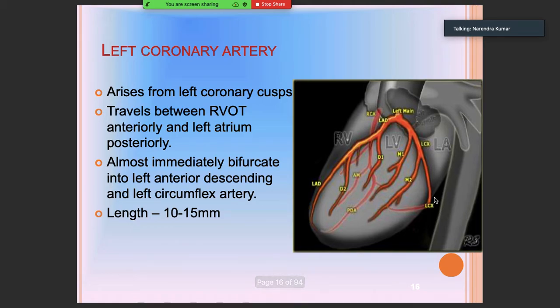The left coronary artery takes its origin, of course, from the left coronary cusp. And if we look carefully at its branches, we can notice it over here. It is there between the RVOT anteriorly and the left atrium posteriorly. That is why it will immediately bifurcate into the left anterior descending and the left circumflex artery.